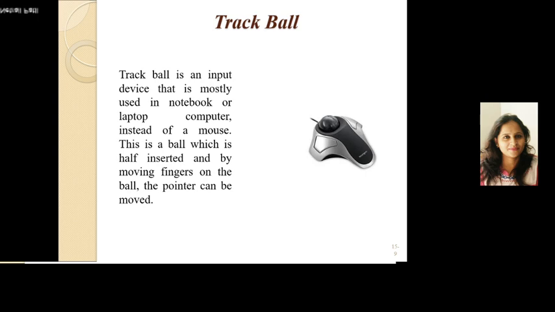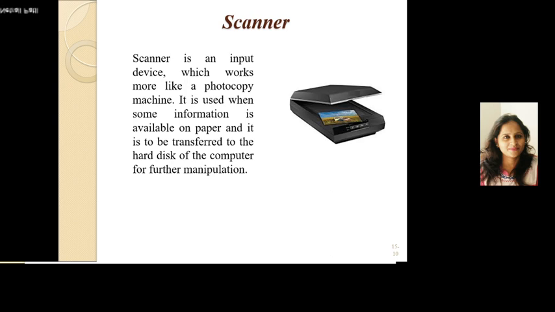A trackball comes in various shapes like a ball, a button and a square. Trackball is similar to an upside-down design of the mouse. The user moves the ball directly while the device itself remains stationary. The user spins the ball in various directions to effect the screen movements. Okay. Now next one is scanner.